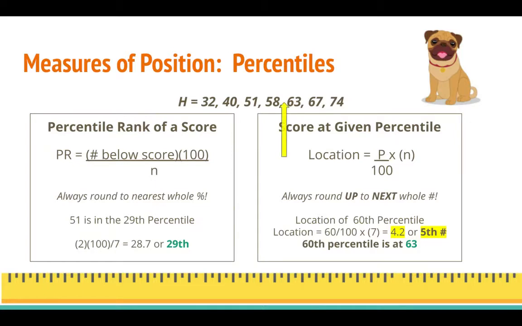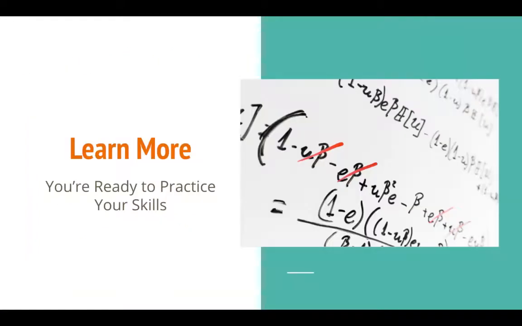Okay, so the arrow that I've got there in yellow is between positions 4 and 5. So 58 is the fourth data value, 63 is the fifth data value, 4.2 is in between there. So 58 is going to be too small, so I need to go up to the next one. So that means that the location of the 60th percentile as a data value is 63.